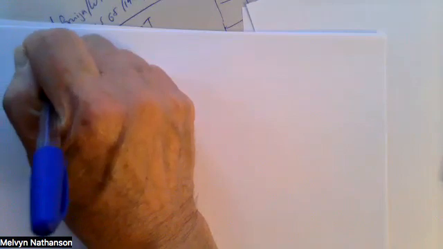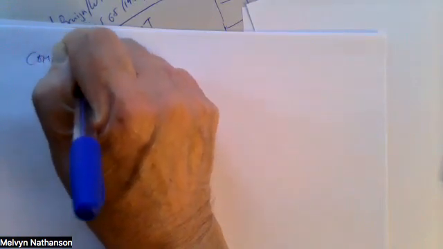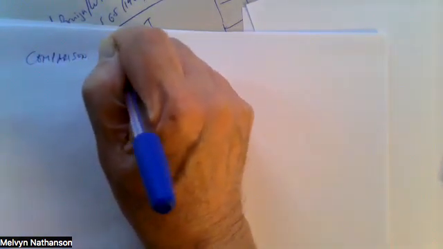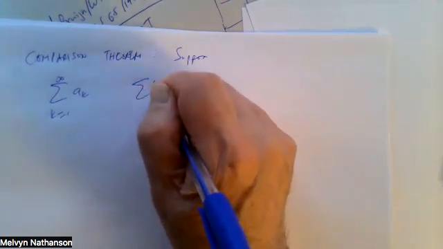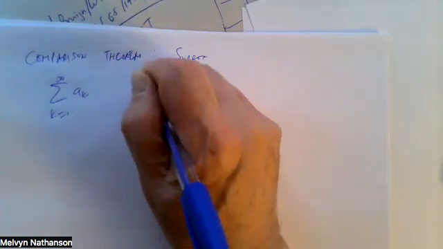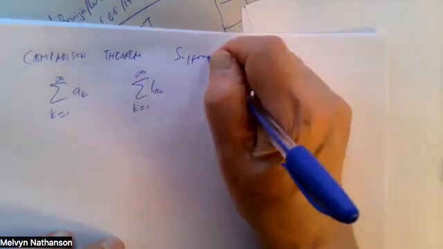So the comparison theorem would say something. Suppose we have two series, summation a sub k, k goes from 1 to infinity, and summation b sub k, k goes from 1 to infinity.